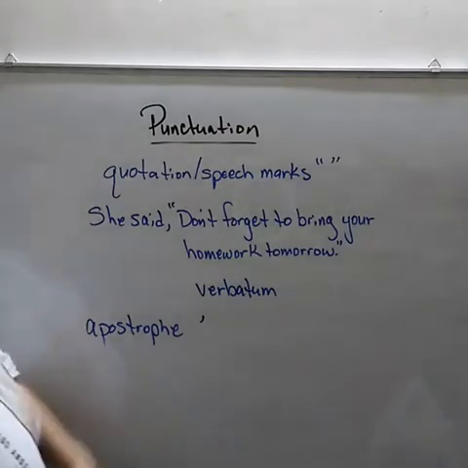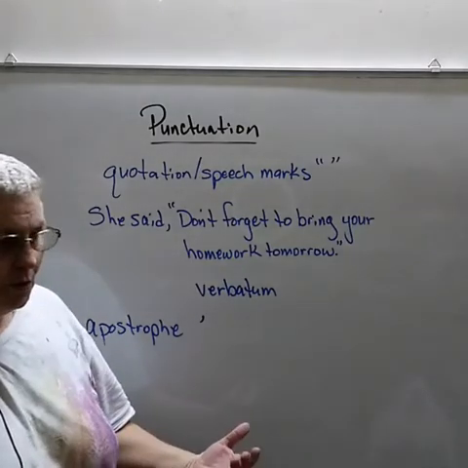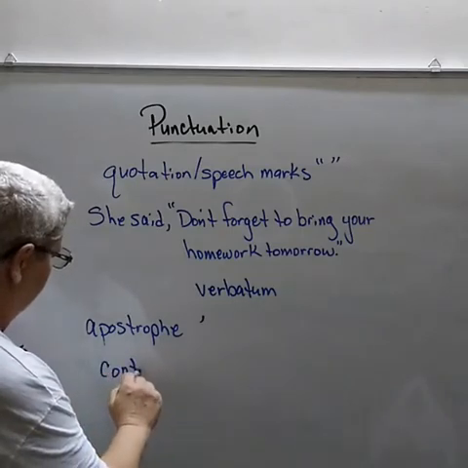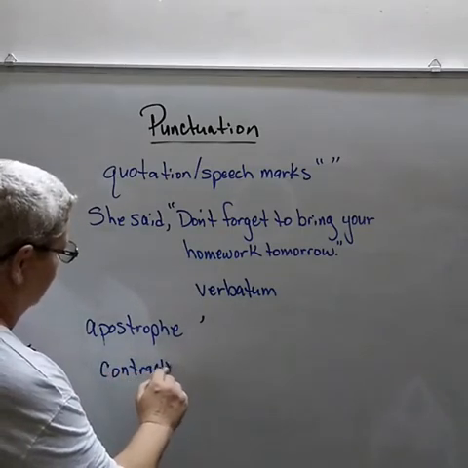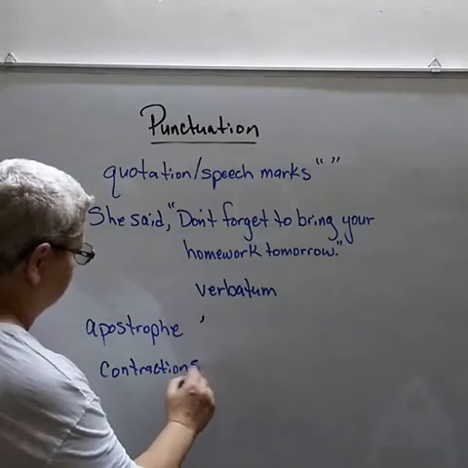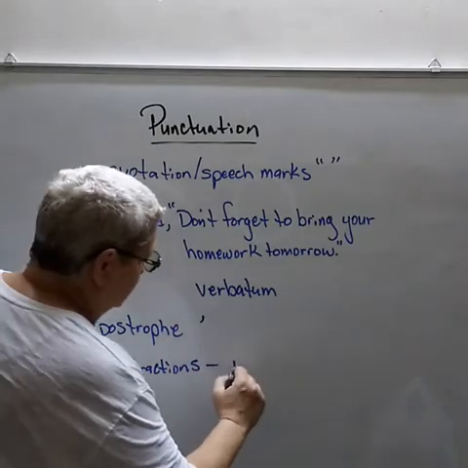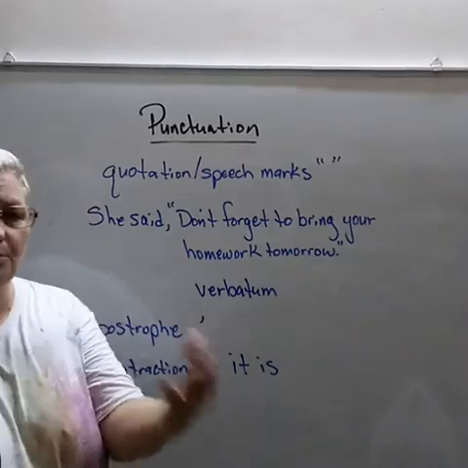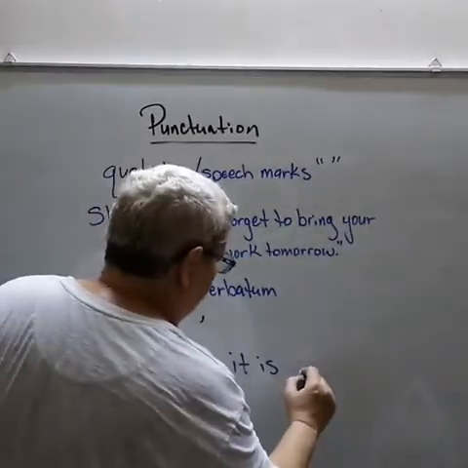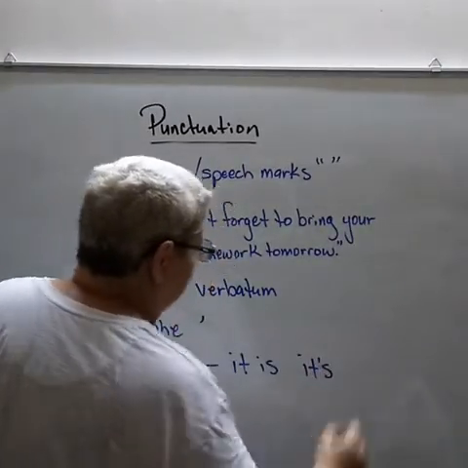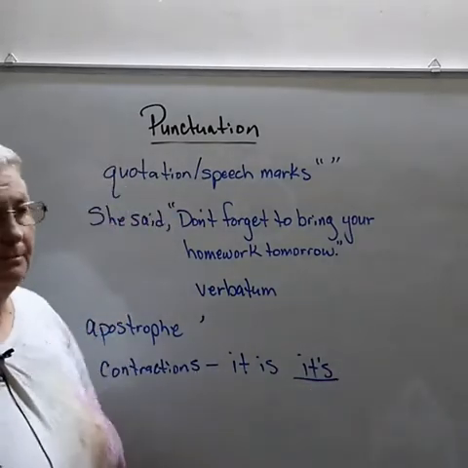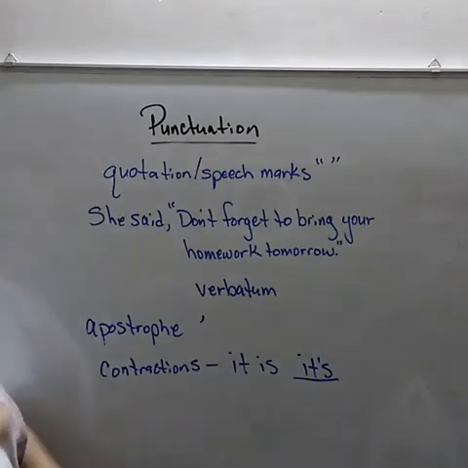An apostrophe is used when we use contractions. And I think all of you know what a contraction is. Right? A contraction is when you take two words and you combine them together to make one word. And that is it's. This is your contraction. Okay? And we use these daily.